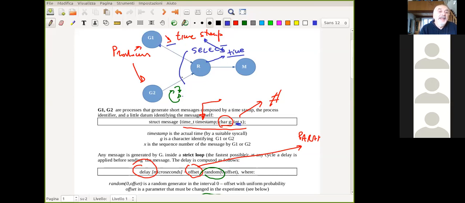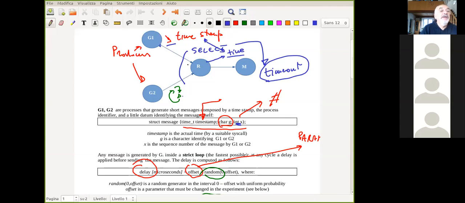Remember that you need a select, and the select itself has some parameters. You have to decide, in particular, the timeout. Remember that using the select, you have to wait when R calls select and asks, are there data in those pipes?